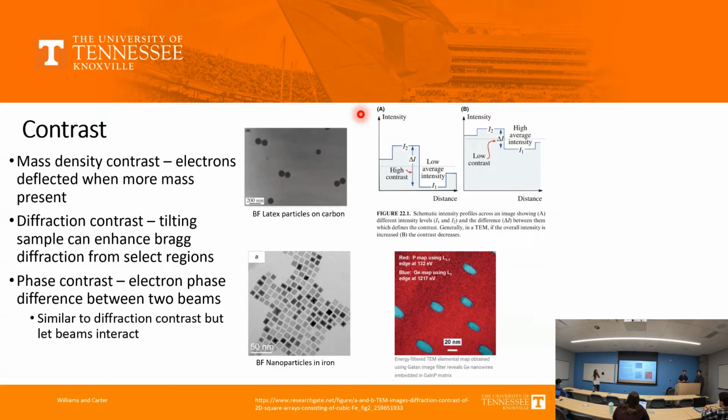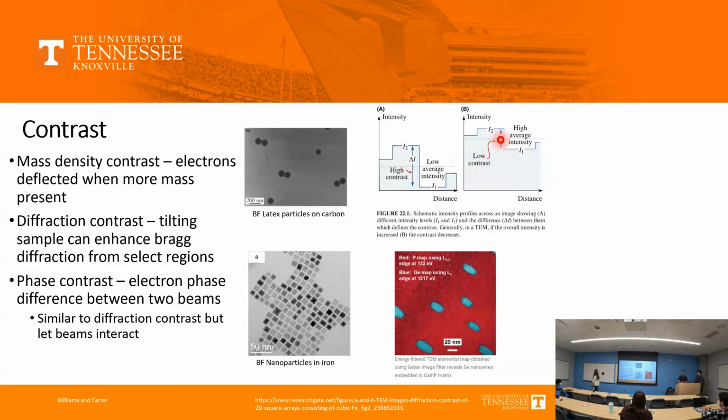So it basically is how much signal are you getting? And contrast then is the difference in that between two different areas. And as shown schematically here, generally speaking, at lower intensity, you tend to have better contrast. And conversely, with a higher overall intensity, you tend to have a little bit less contrast.